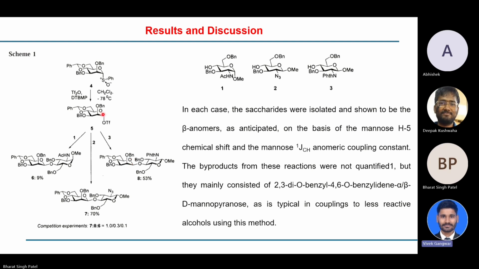Good presentation, Bharat Bhaiya. Thank you. My question is about this hydrogen bonding in the NH position. If there is no hydrogen bonding, then it is quenching this Lewis acid in the reaction condition. Since we don't exactly know the reason, something is happening; yes, we can think of one reason.